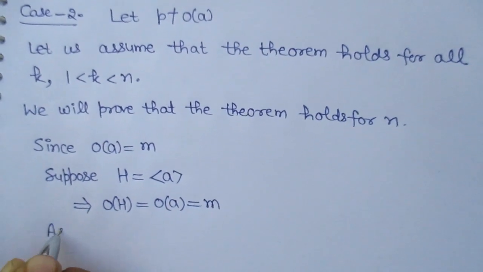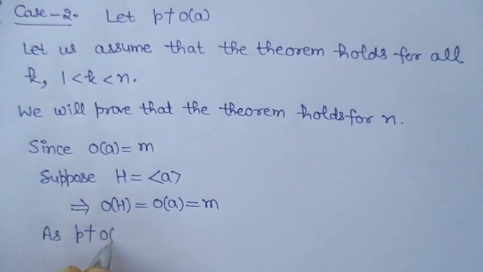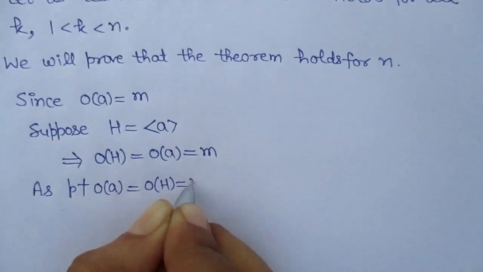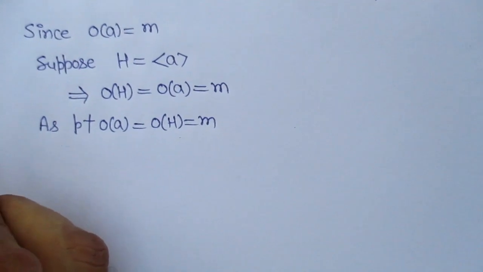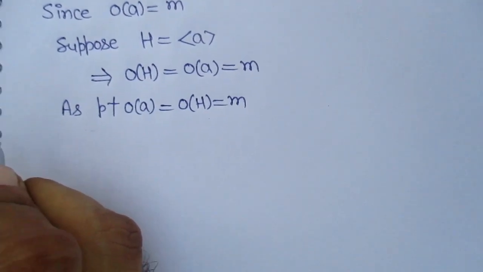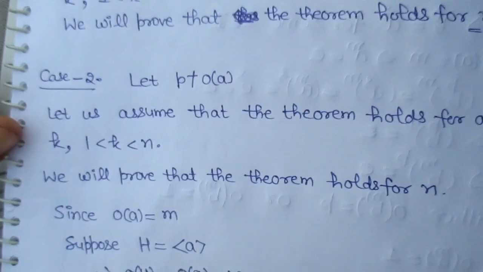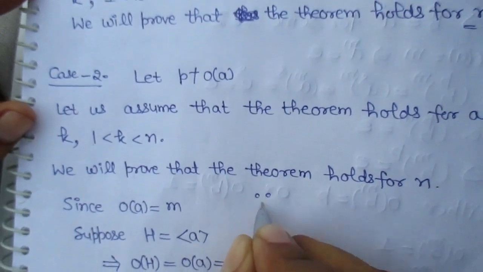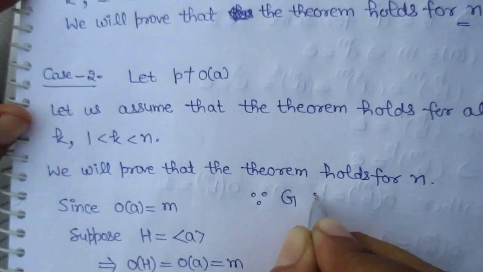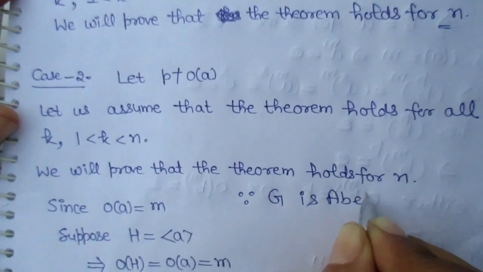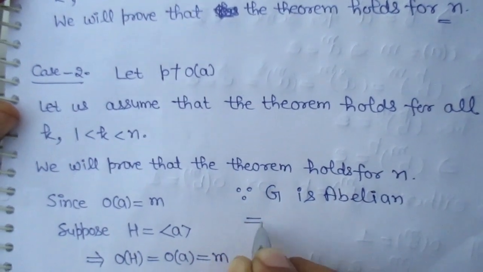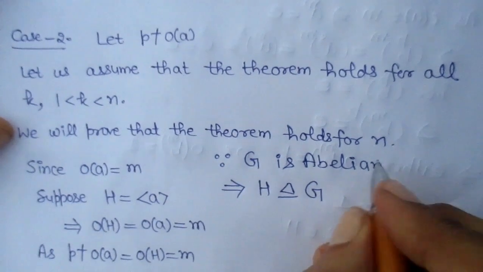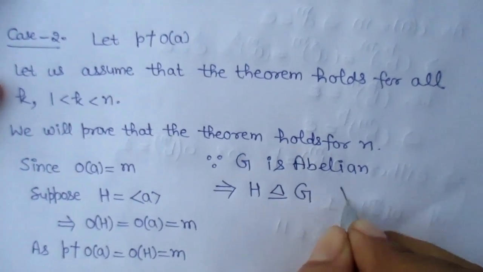As P does not divide order of a, which is equal to order of H, which is m. Because G is abelian, और हमें पता है जी अबेलियन हो तो उसका हर एक सब ग्रुप नॉर्मल हो जाता है, तो इसका मतलब H is normal in G for all subgroups of G.